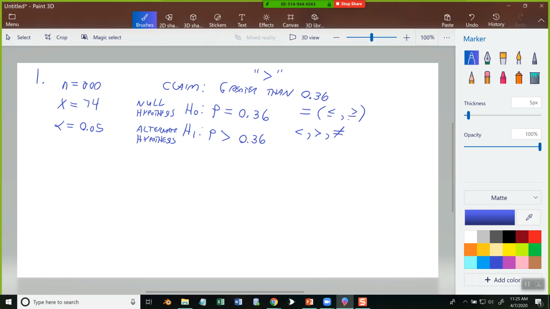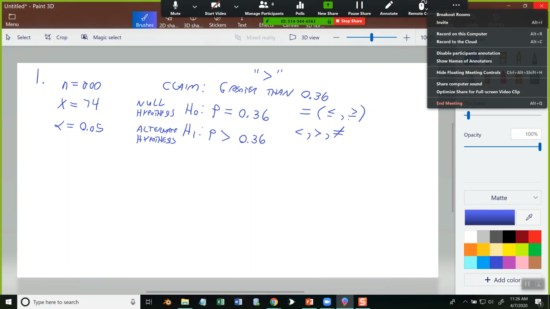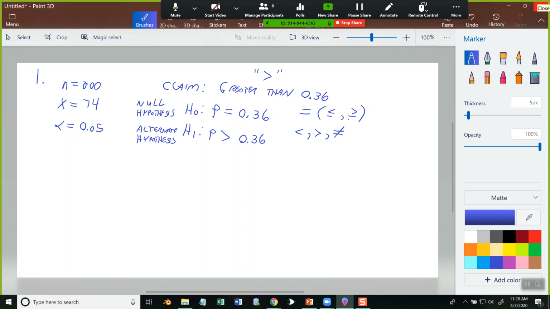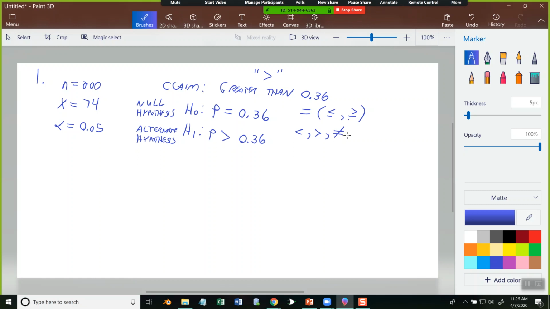Currently you can only put an equals on your null hypothesis. The idea is that the H1, or alternate hypothesis, means something has changed: less than, greater than, or not equal to. The null hypothesis means it's still the same as it was, so it's always equals.